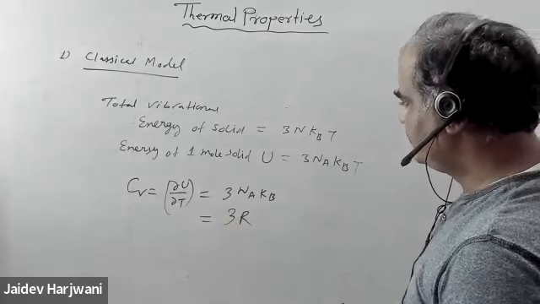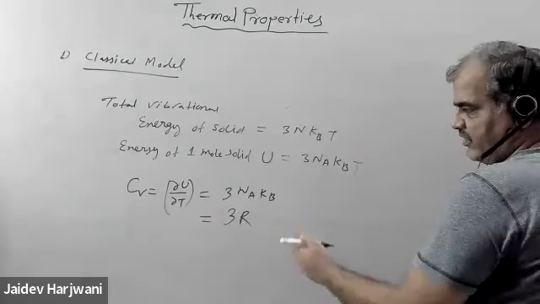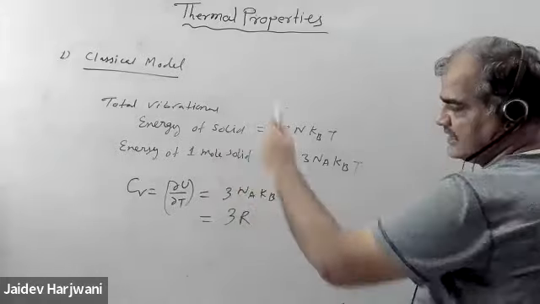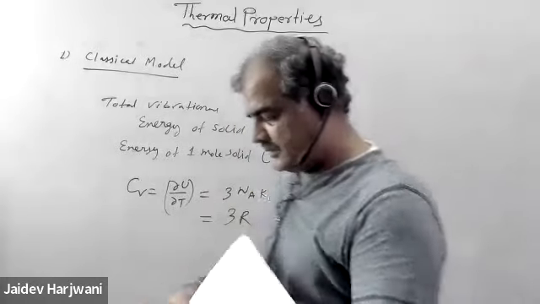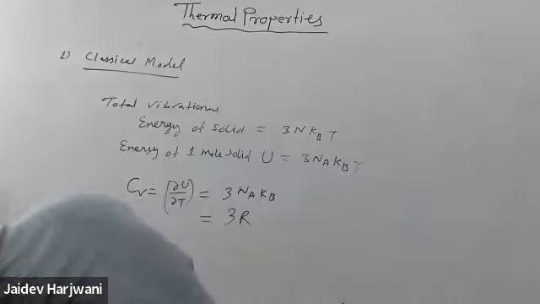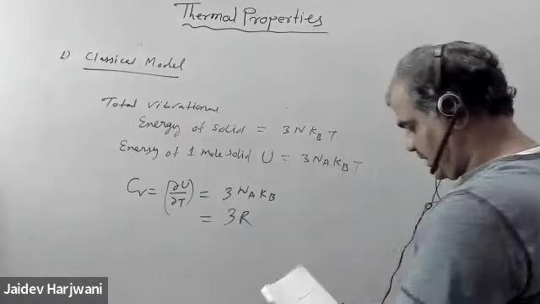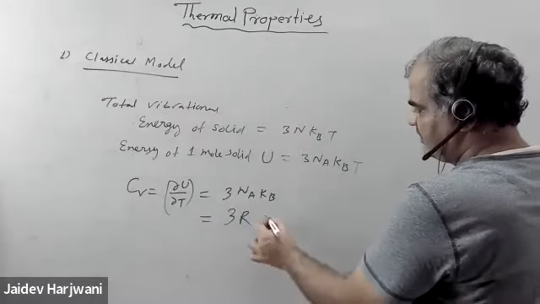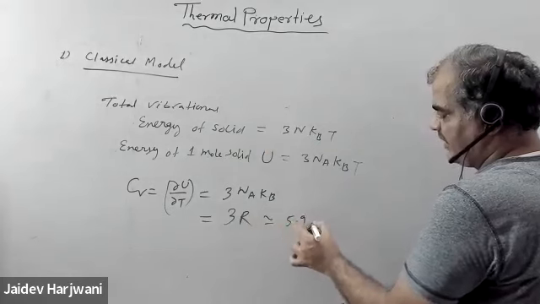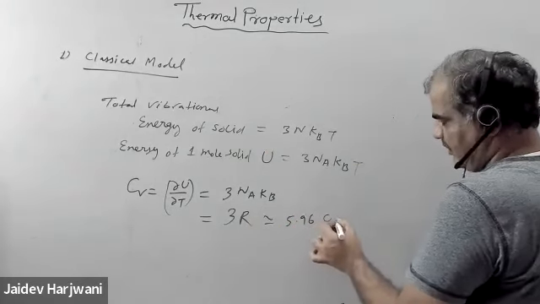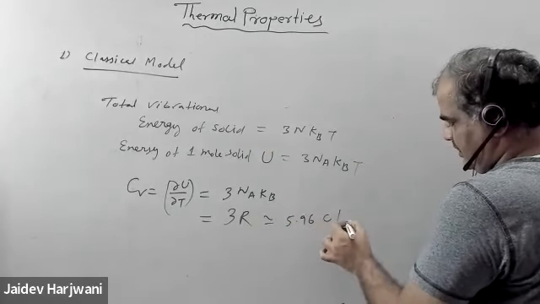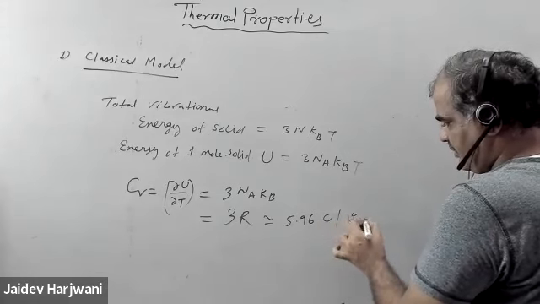So your classical model says that the specific heat of a solid is 3R, or roughly equal to 5.96. I told you 6, it is equal to 5.96 calorie per Kelvin per mole.